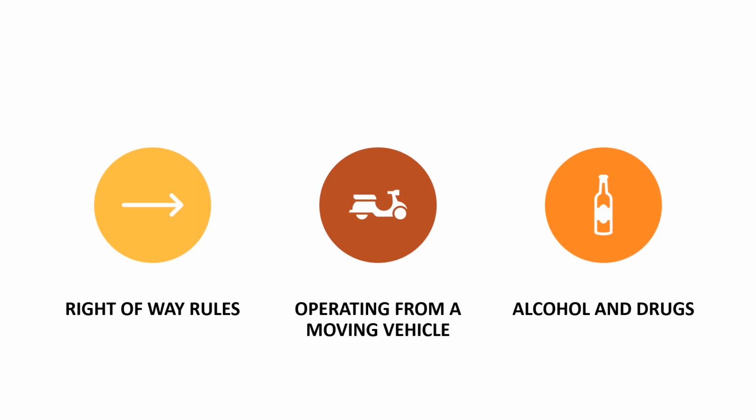You may not operate a small unmanned aircraft directly above another person unless that person is involved with the flight operations. Operating from a moving vehicle. You're not allowed to operate from a moving vehicle while flying a drone. Alcohol and drugs, it would be the same thing as trying to operate a vehicle while under the influence.